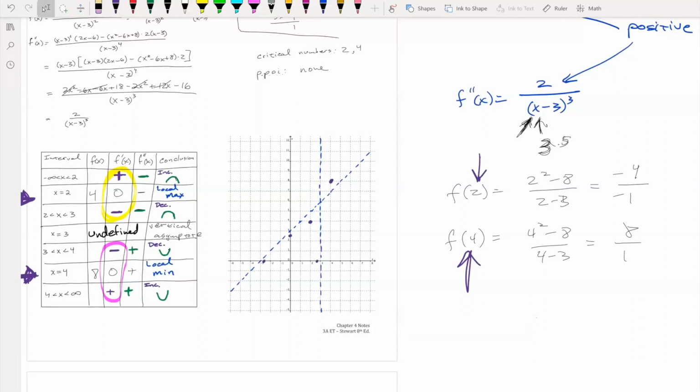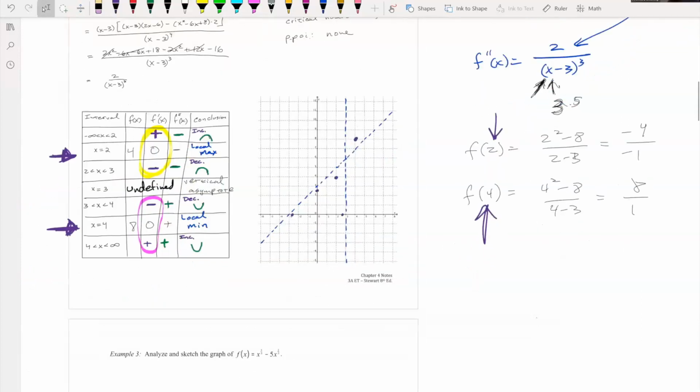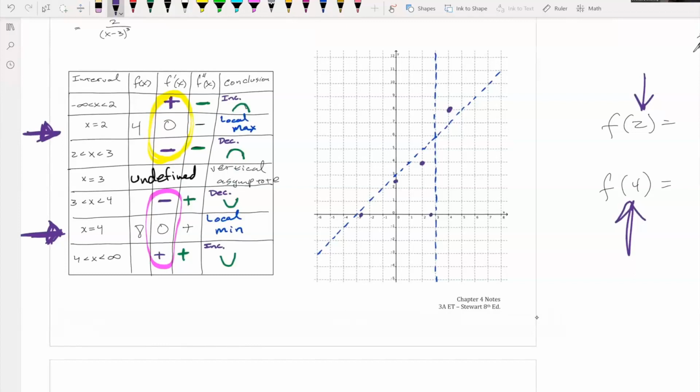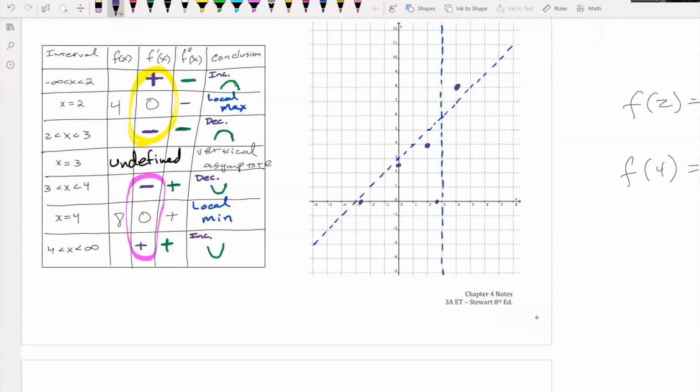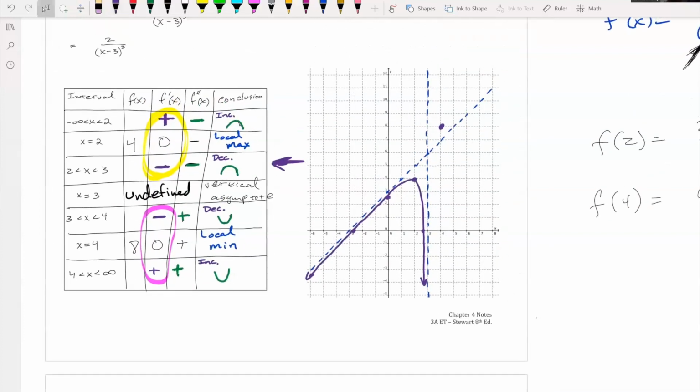Yeah. All right. So if we look at our first region from negative infinity to 2, we're increasing and concave down. And so that's going to look something like this. Increasing and concave down, going into the local maximum. And then over here, we're decreasing and concave down, and that looks like this. So there is the graph on the left-hand side of our asymptote.